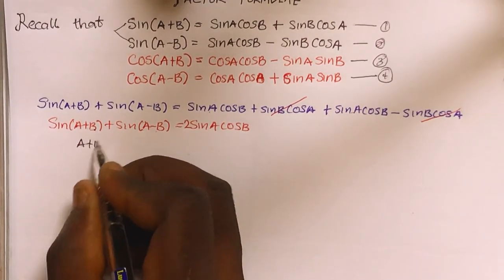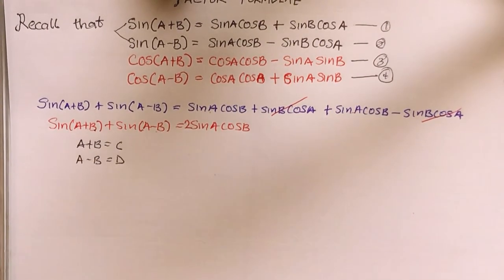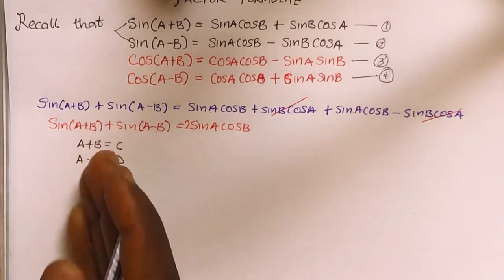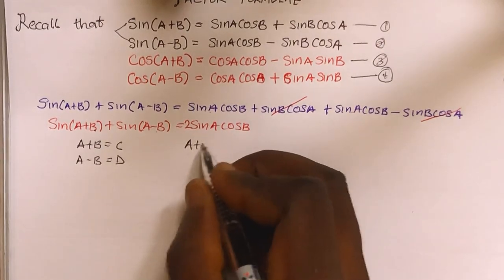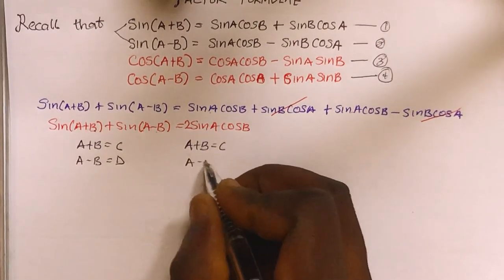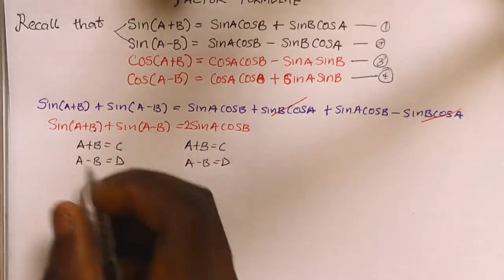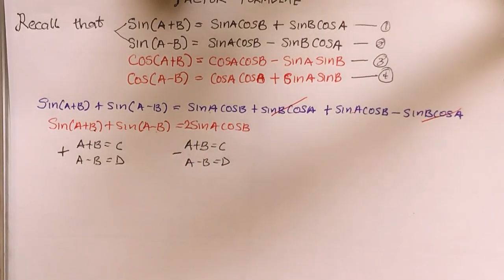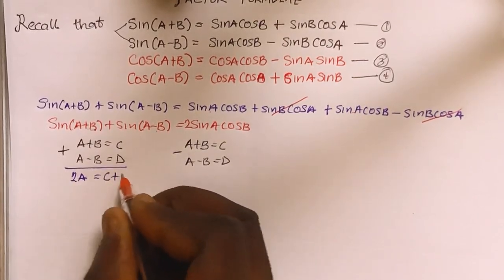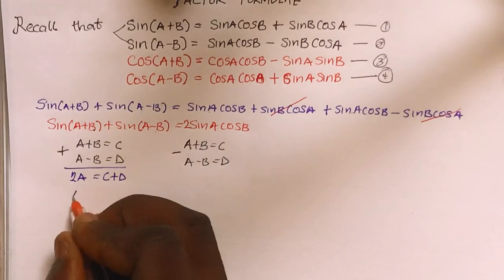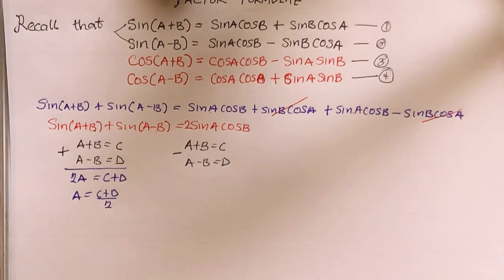Let me call my A plus B to be C, and my A minus B to be D. I will have it on this side also, A plus B equals C and A minus B equals D. Looking at this, if I choose to add, I will have 2A equals C plus D. Simplifying, A equals C plus D divided by 2.